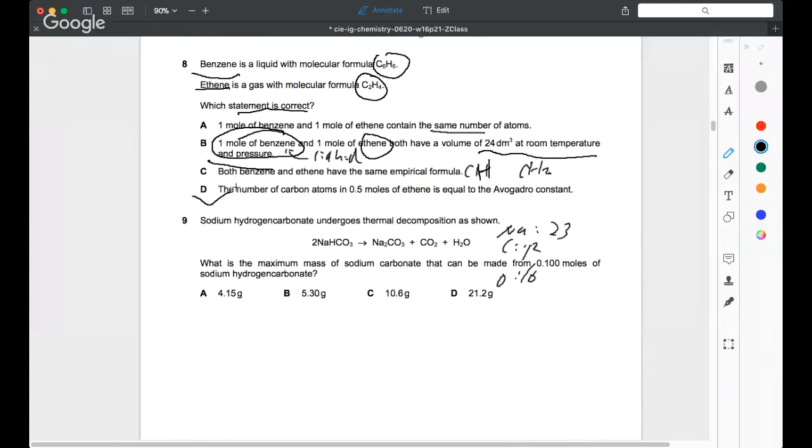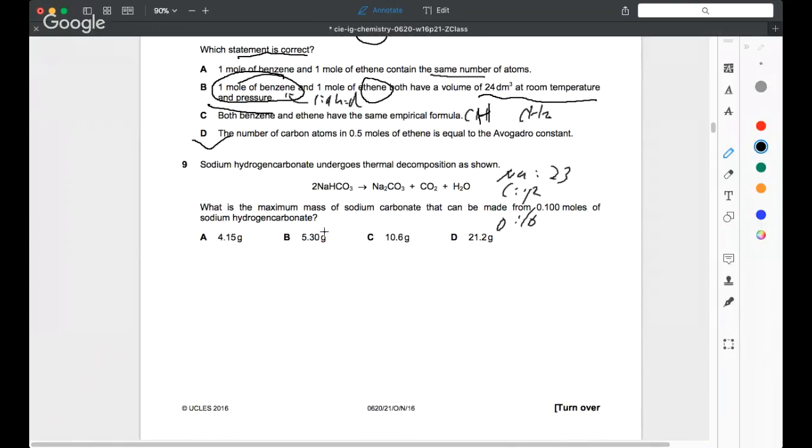Okay, so next question. What is the maximum mass of sodium carbonate? So we have 0.1 mole of this. Every 2 moles of this produce 1 mole of that. So the amount of sodium carbonate is 0.1 divided by 2, which is equal to 0.05 moles of sodium carbonate, and then times it by the molar mass.